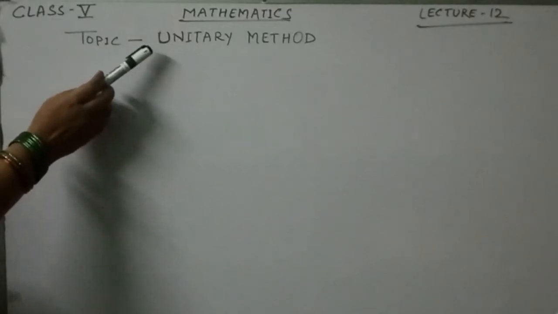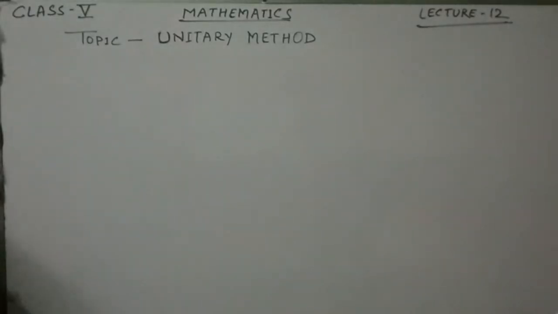What is the unitary method? The unitary method is a technique for solving a problem by first finding the value of a single unit, and then finding the necessary value by multiplying the single unit value.